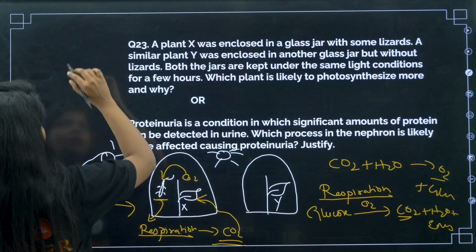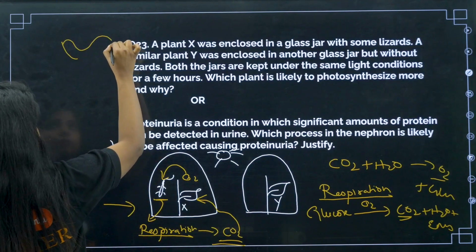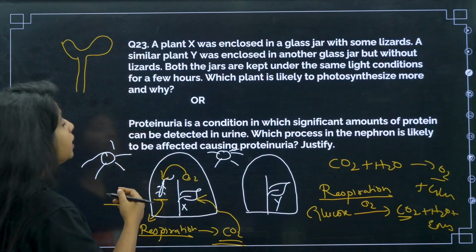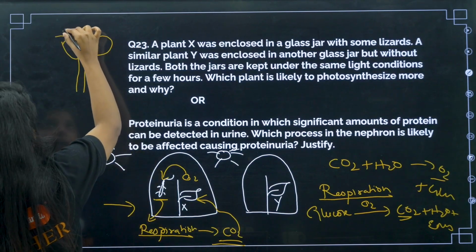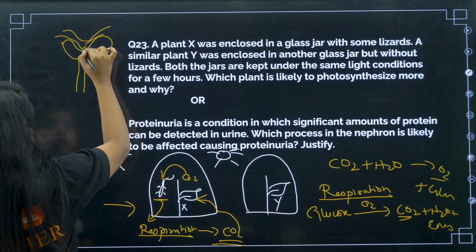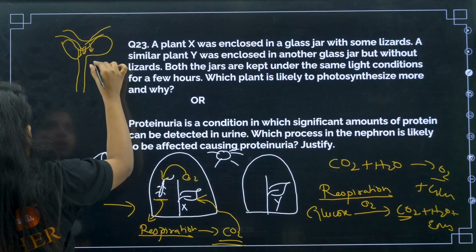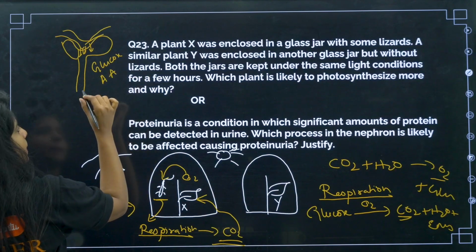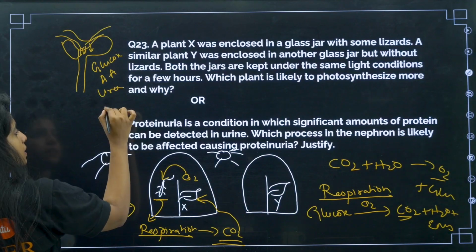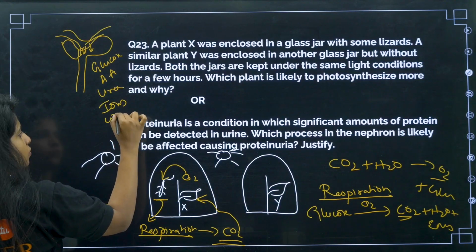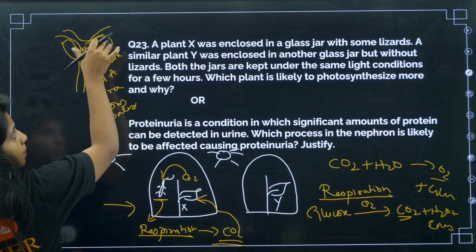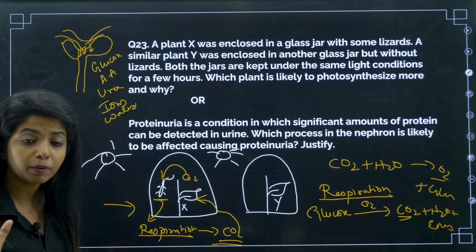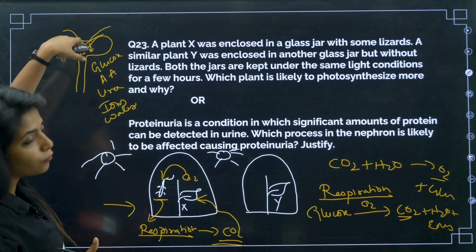So, let me tell you, this is a nephron, and the first process in urine formation is that the blood capillaries give out glucose, amino acids, urea, certain ions and water to the nephron. This is a part of a nephron. Proteins cannot come in. Proteins do not come in because proteins are larger in size, so they cannot move down.